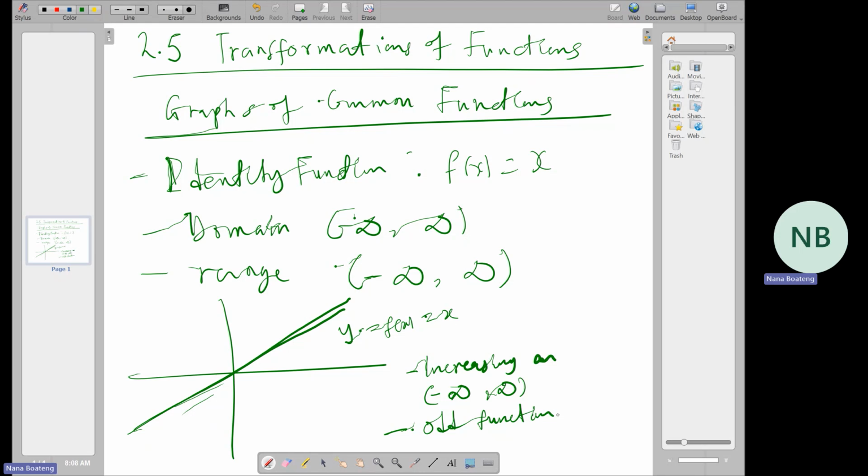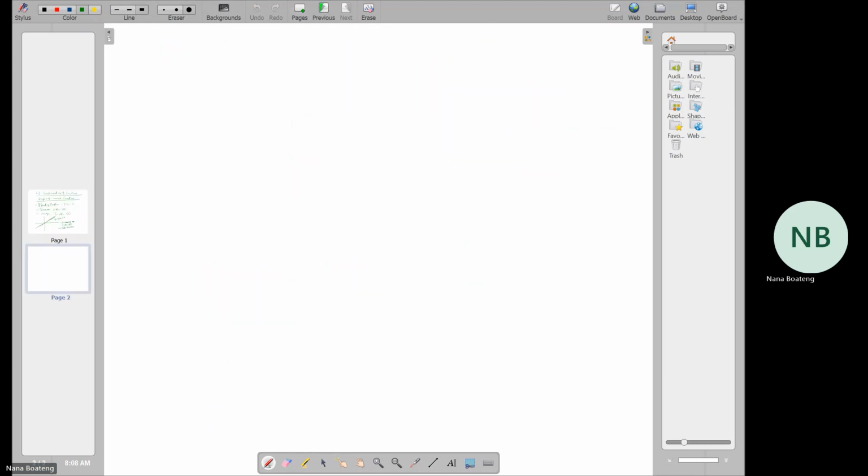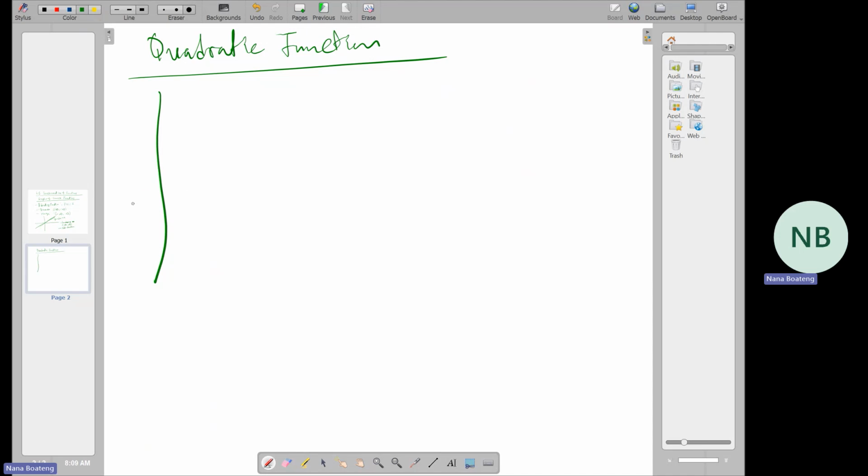The next on the list is the quadratic function. Generically, the quadratic function, let's say y is equal to x squared, looks something like this.